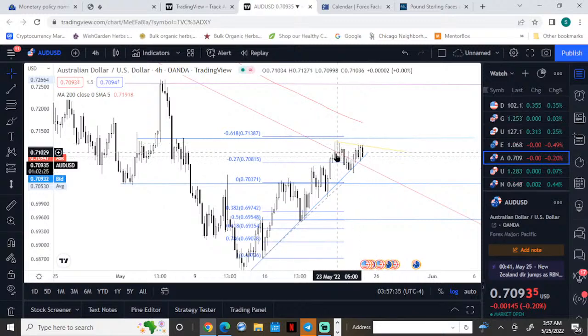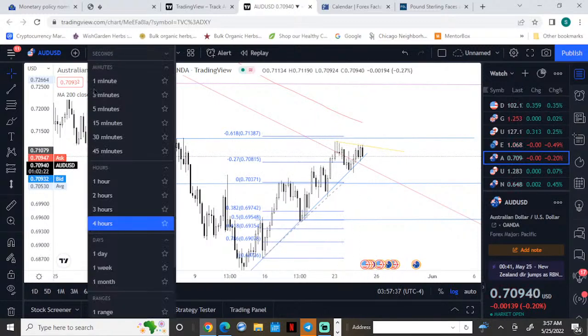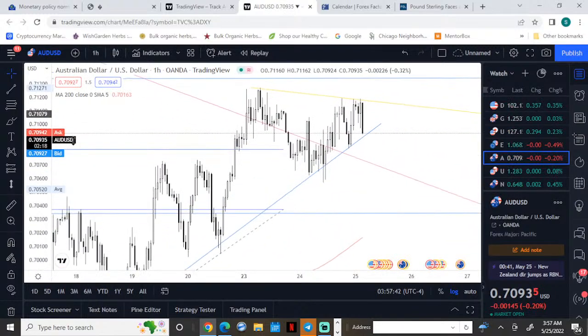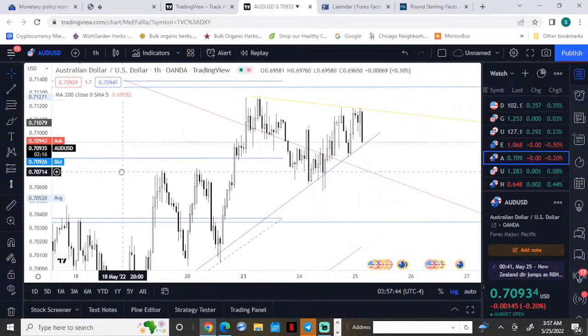Right now, price is bouncing back and forth between these trend lines.